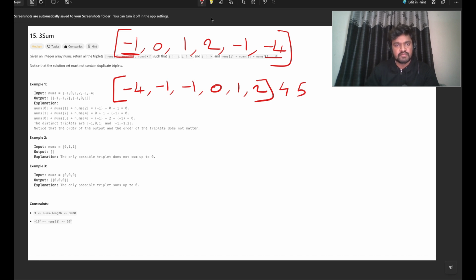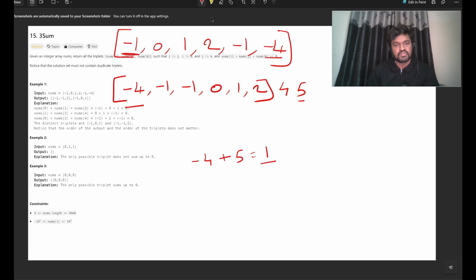I'm taking the extreme negative number first of all, -4, and the extreme positive number, 5. When you sum them, you would get 1. So it is a big number, right? It is greater than 0, but we need to make it 0, right?